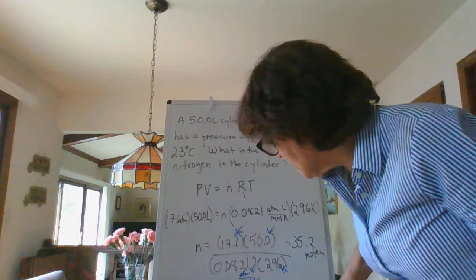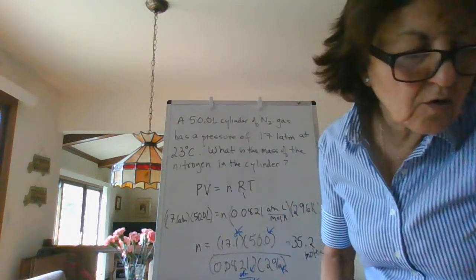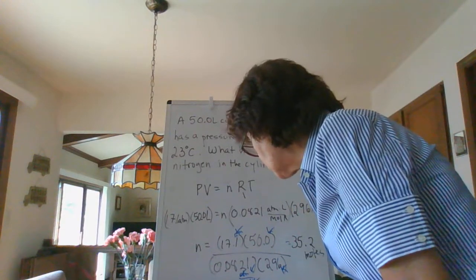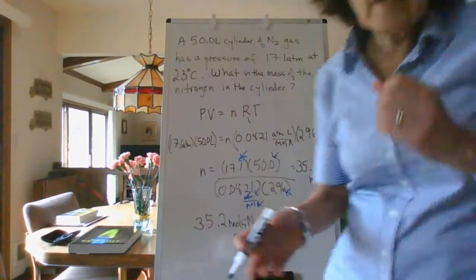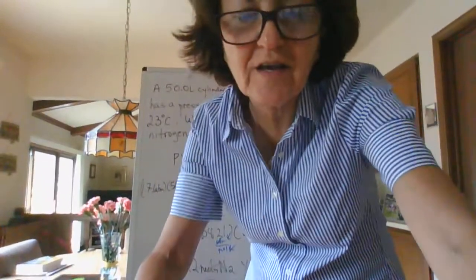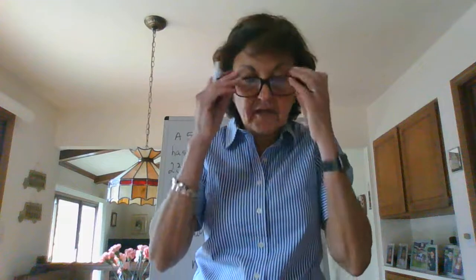Go figure. My brain's on a different plane today. So actually, the way I have it, it'd be 986 grams of nitrogen. Okay. So if you got 980 or 985 or 986, you're doing okay. All right, so that's a simple, straightforward, plug and chug ideal gas law.